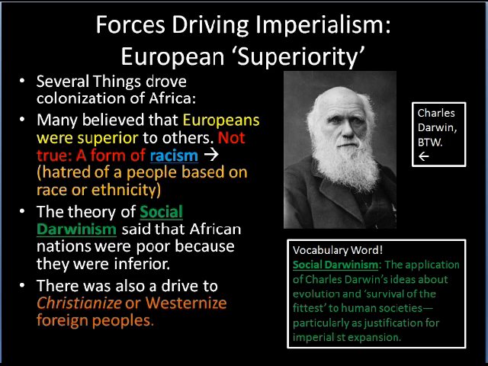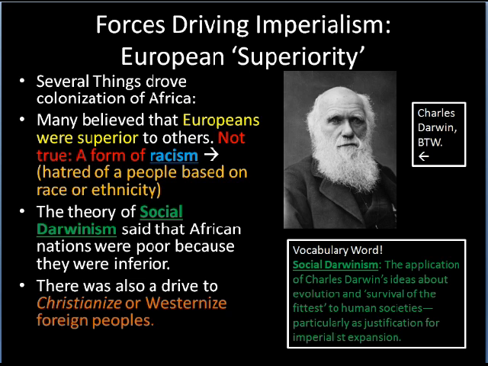They basically believed that they were the pinnacle of human history. There was no other greater people than, say, the British or the French or the Portuguese or the Italians or whoever happened to be taking over a certain portion of Africa. Okay, Europeans were the best people there were. That was kind of their view.